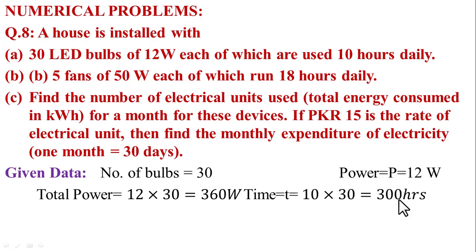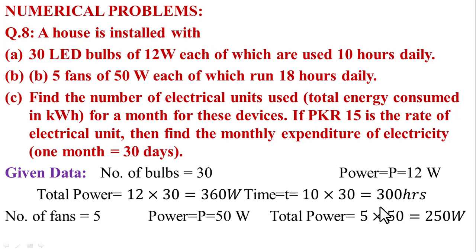Now in A part, first of all calculate the power of bulb. Power of bulb is equal to watt multiplied by number of bulbs, that is equal to 12 multiplied by 30 is equal to 360 watt. Time daily use is 10 hours, and in 1 month that is 30 days, so time t is equal to 300 hours.